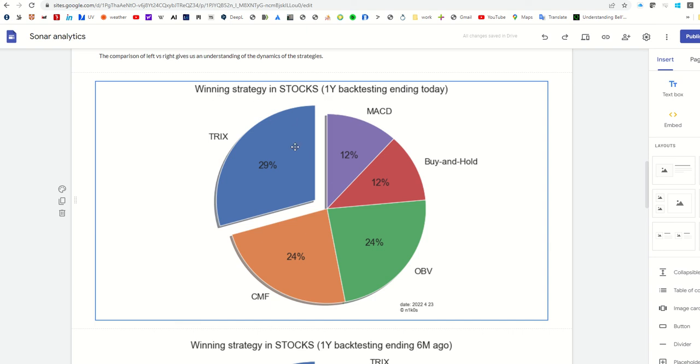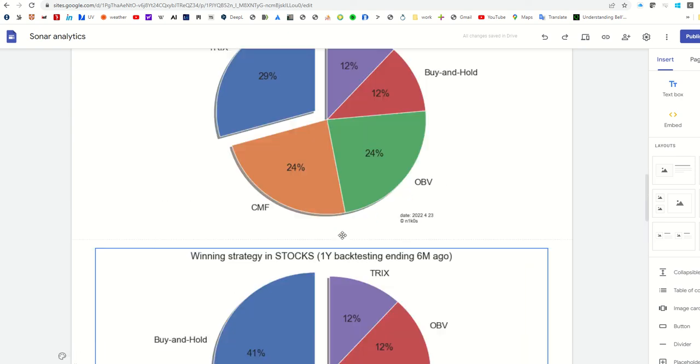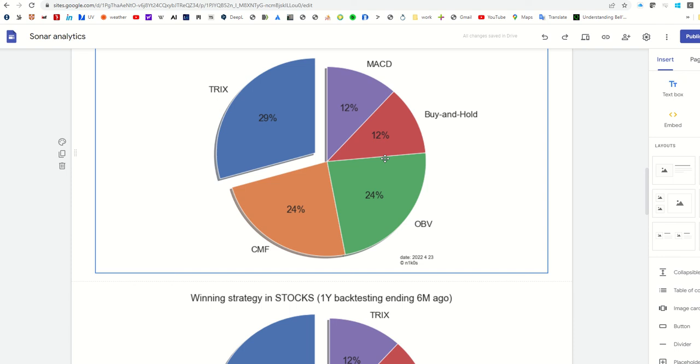I repeated this analysis for a backtesting, but putting the clock back 1 year. So the whole backtesting has a period of 1 year, but it ended 6 months ago. I wanted to see if these results are sensitive to the date, the calendar that we are looking at.